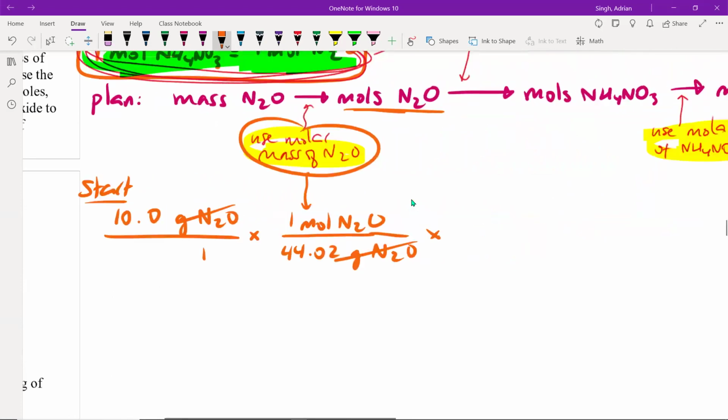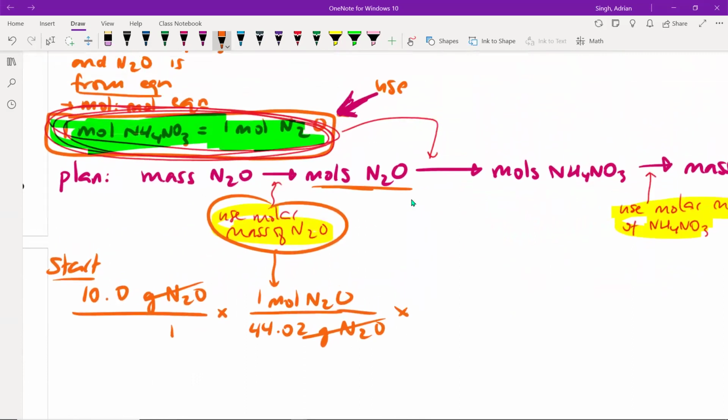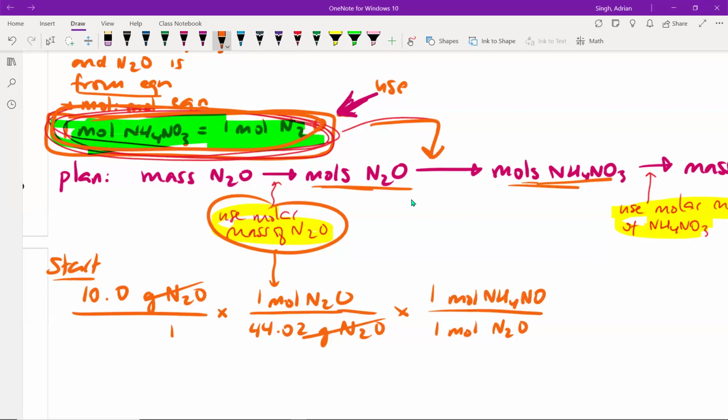And then our mole to mole ratio, which is our next step that we're using here, is simply a 1-to-1 mole ratio. Okay, so we have 1 mole of the N2O that goes on the bottom because I wanted to cancel. And I want to end up at the end of this step with moles of ammonium nitrate. So that goes on top. Moles of N2O cancels.